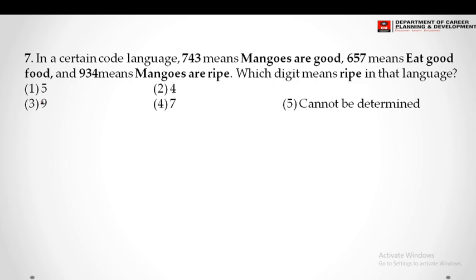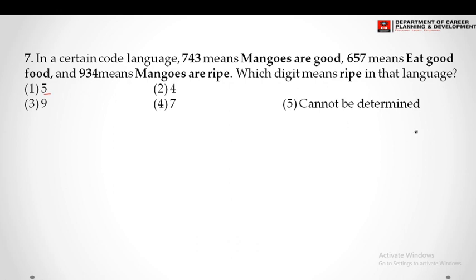Now the next question, question number 7. In question number 7, we start with this certain code language. This is given as 743, meaning mangoes are good, then eat good food. The next is mangoes are ripe. So you have to find the code of ripe.